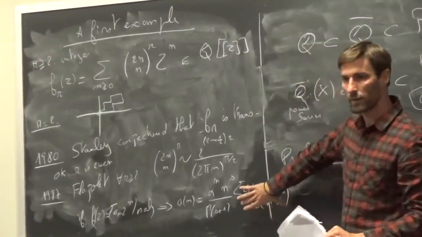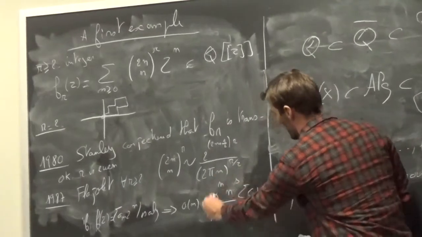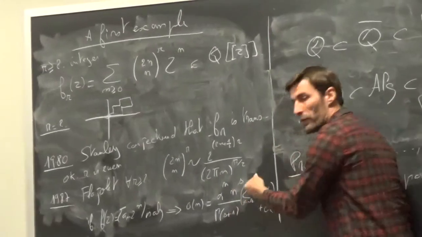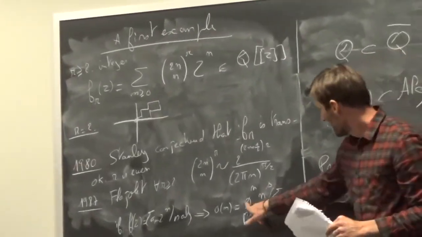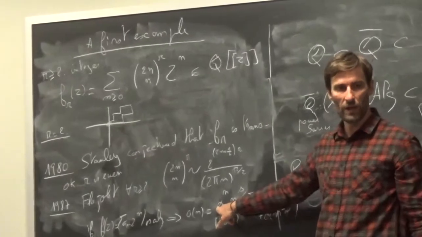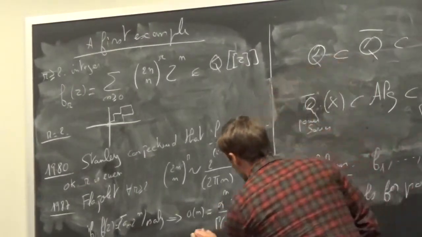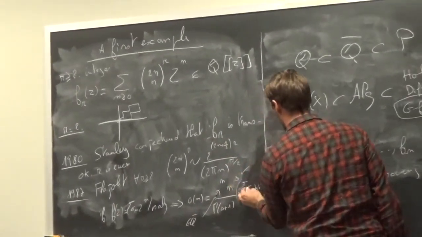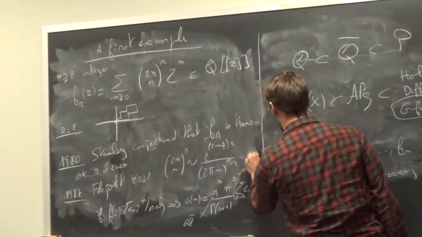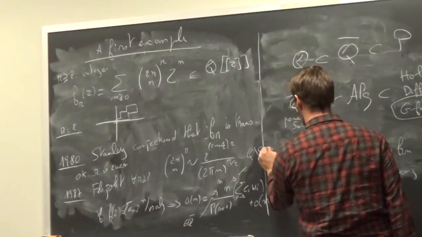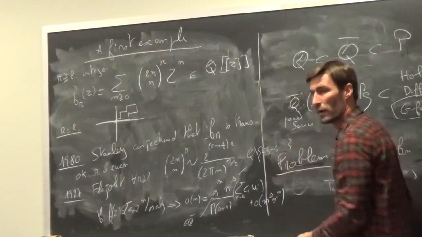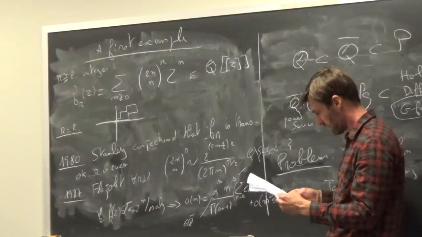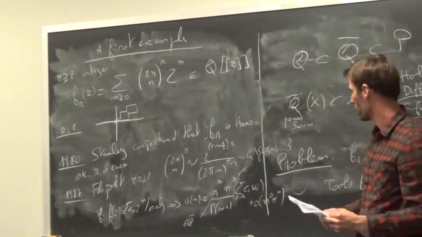So some correcting term, and this sum is a finite sum, and this number alpha has to be algebraic. This s belongs to Q minus the negative integers, and the w_i are also algebraic. Okay, c_i and w_i are algebraic.